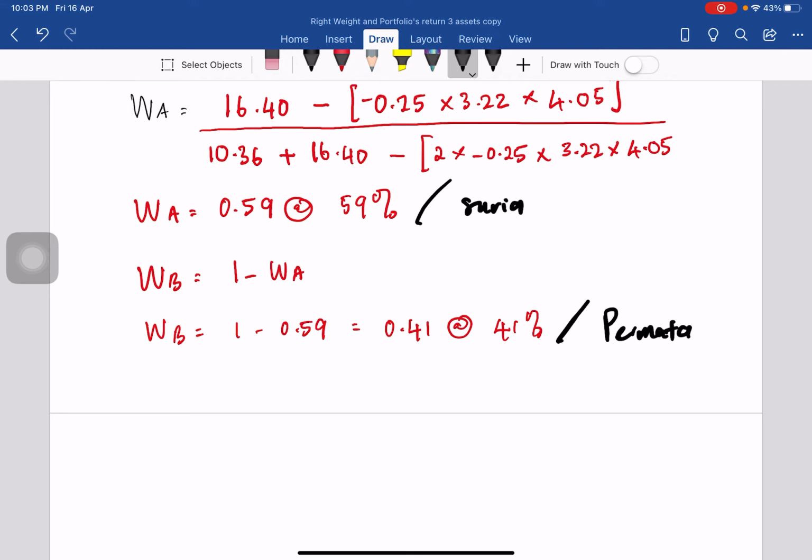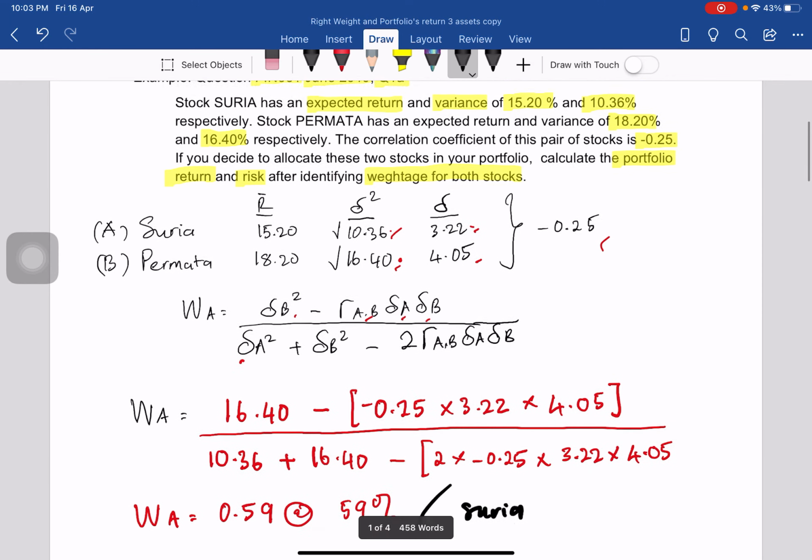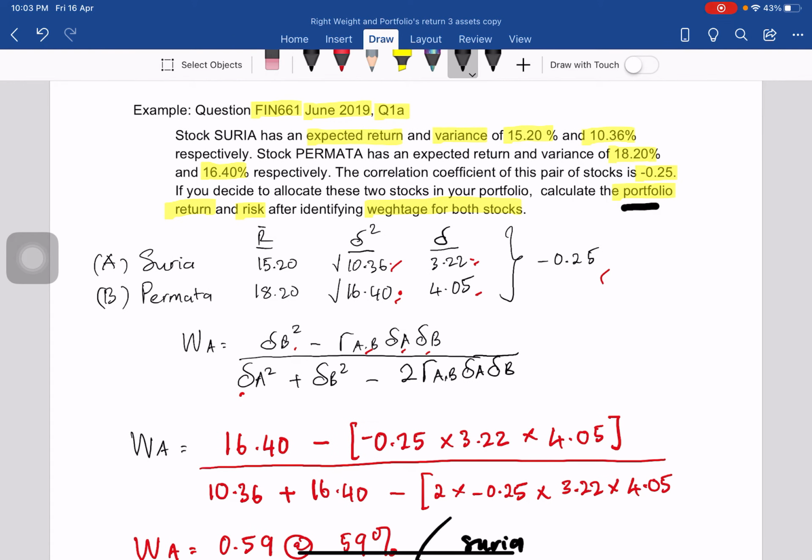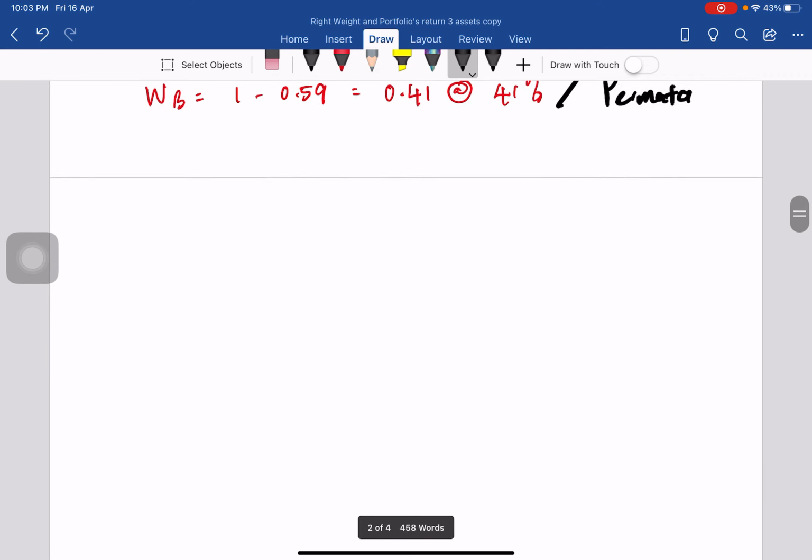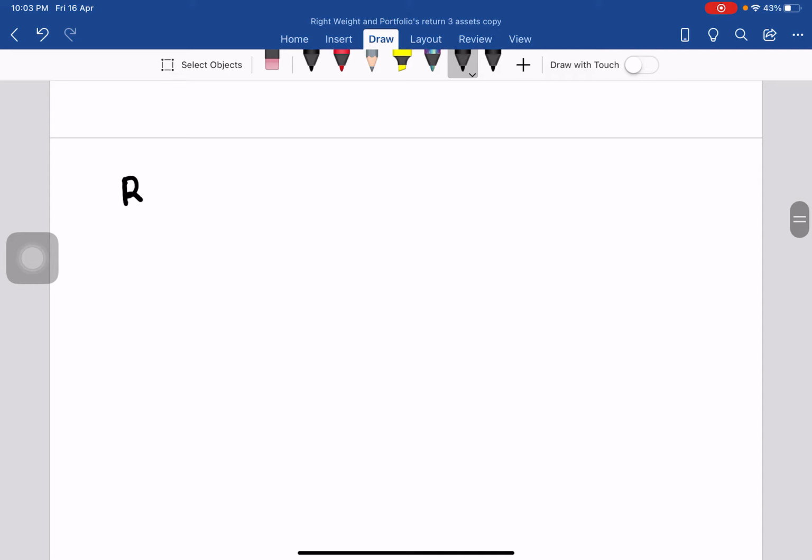We are not done yet, because we still need to calculate the portfolio return and risk. So now we are going to calculate the RP, which is the expected return of the portfolio. Do you remember the formula? It is equal to the sum of weight i times Ri.